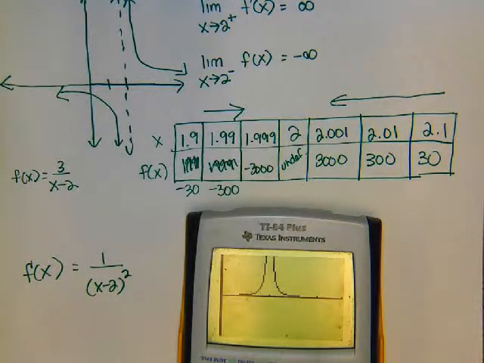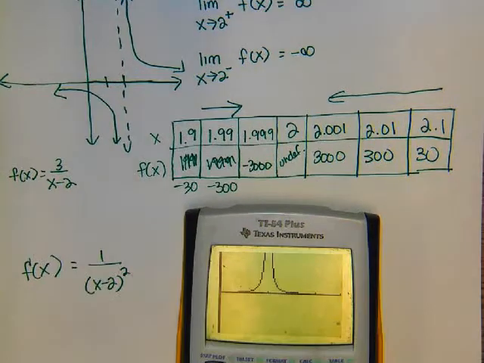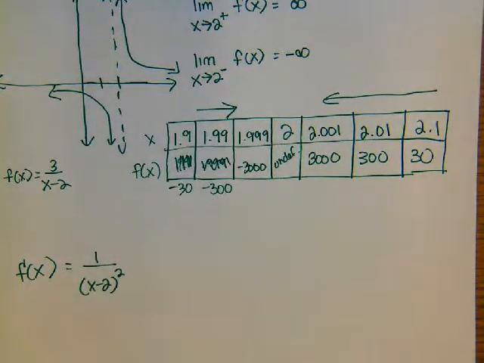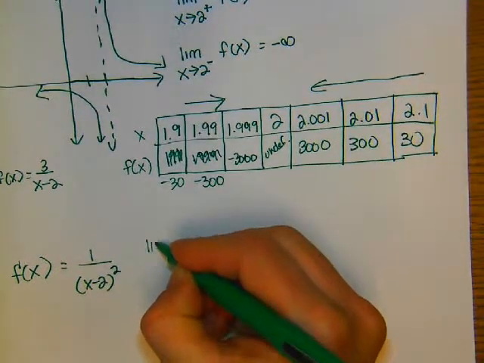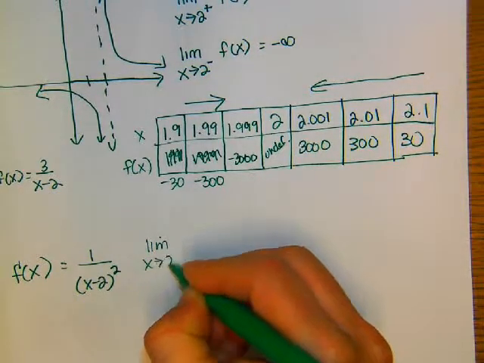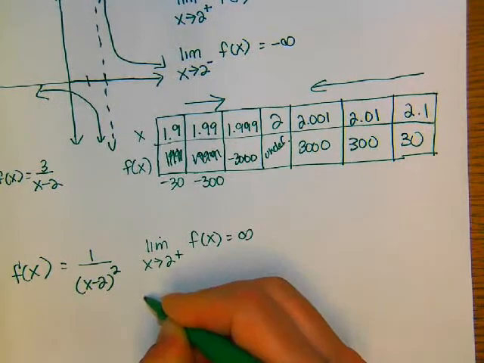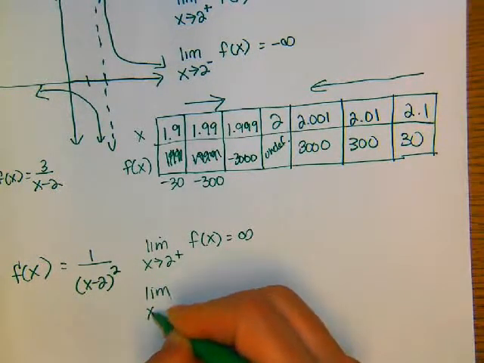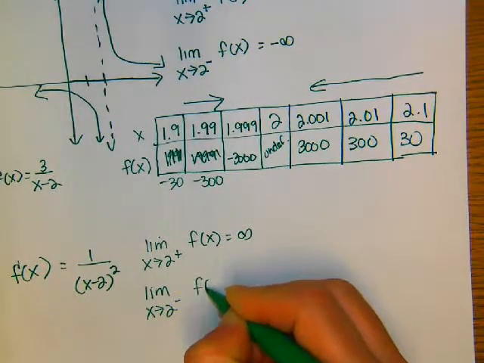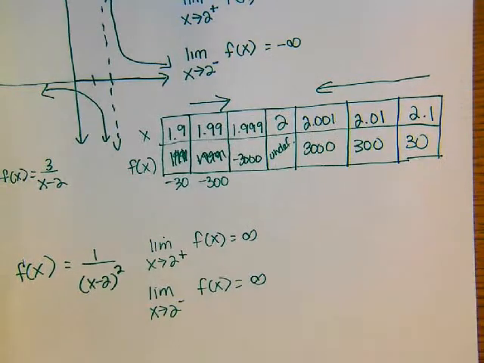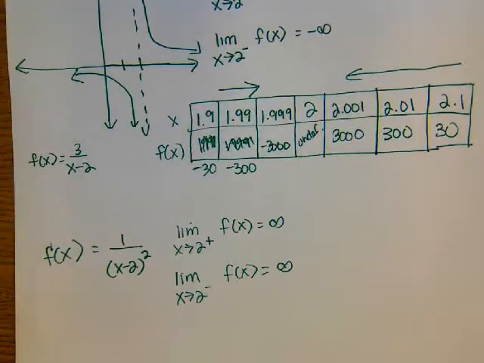Well, you can see around 2, can't you? Yeah. Okay. So do you see how from the left and the right around 2, they are both approaching positive infinity? So I'd write that limit as x approaches 2 from the right is infinity, limit as x approaches 2 from the left is positive infinity.